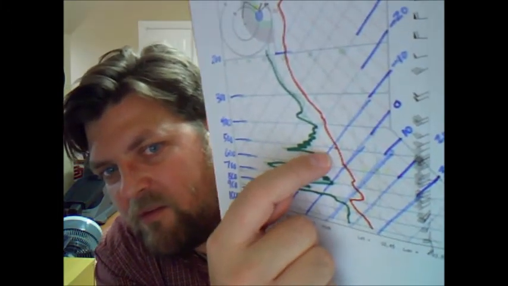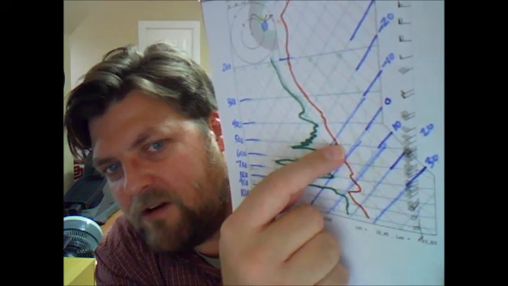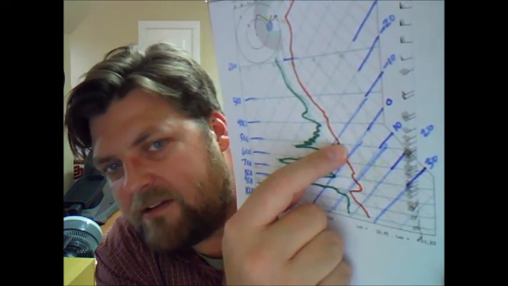The basic thing to remember is the dew point temperature and the temperature itself reference these skewed lines. You find the temperature by interpreting between the skewed lines. So you find the pressure level that you're interested in, let's say 500. The temperature was something like -8, we decided, where that red line crosses the 500 millibar height.